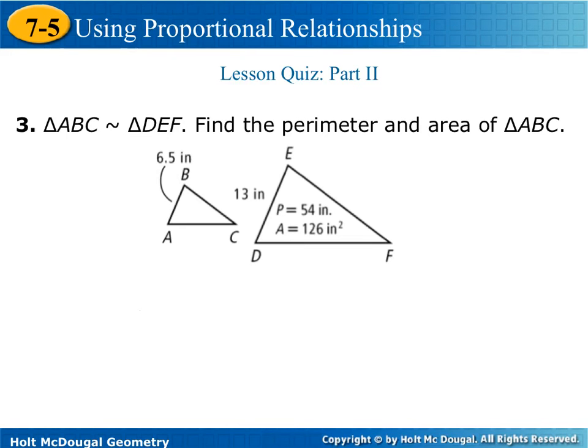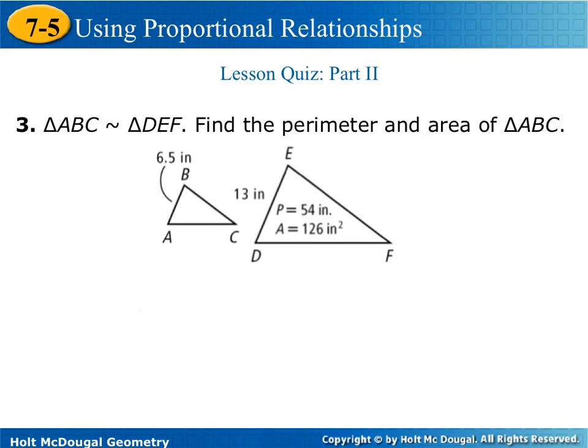Triangle ABC is similar to triangle DEF. Find the perimeter and area of triangle ABC. This is what we learned today. What do we do first? Make a ratio.